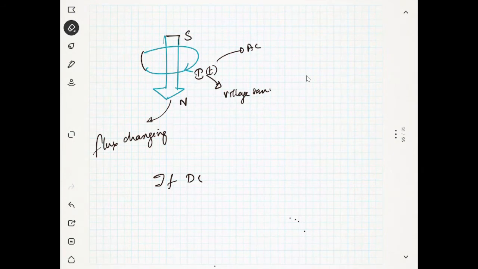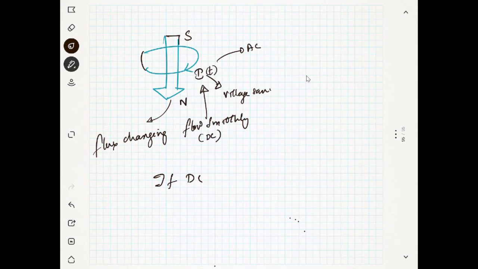If there is no voltage induced, then the current which is opposing the original current, what will it be? Nobody will oppose, right? Zero. So this current will be flowing as such. Nobody will oppose it. It will flow smoothly. In the case of DC, for a long time.